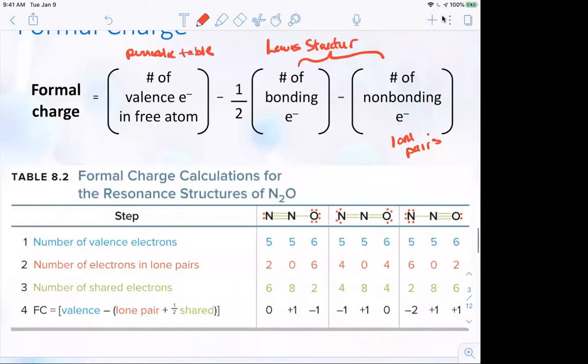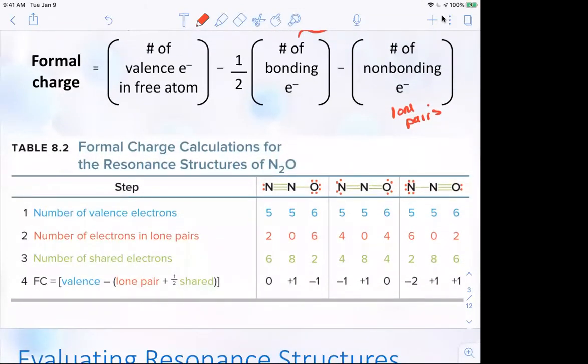So if you notice on this chart before, this is the one that we just did. The leftmost nitrogen is 0, the center nitrogen is +1, and the rightmost oxygen is -1. +1 and -1 equals 0, so that's a valid structure.